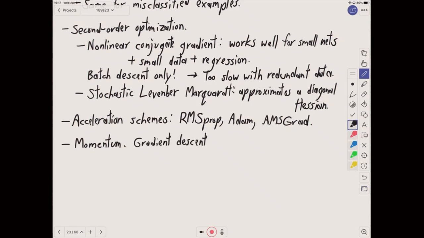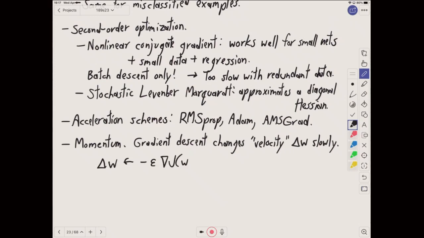So here we sort of have an idea that you are moving with a certain velocity, and that velocity cannot change on a dime, it changes slowly. You have to apply force to make the velocity change. And so, expressed as pseudocode, let's start with one step of gradient descent. So this is our usual gradient descent rule. You'll recall the direction that we're going to move, delta W, is minus the step size times the direction of steepest ascent.